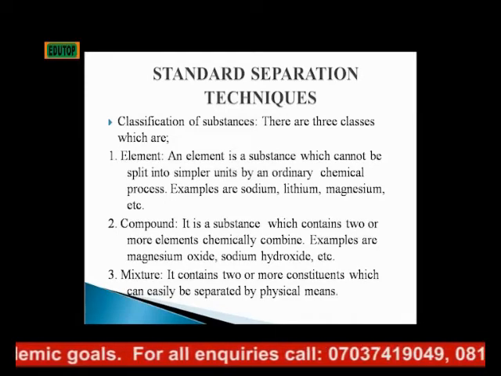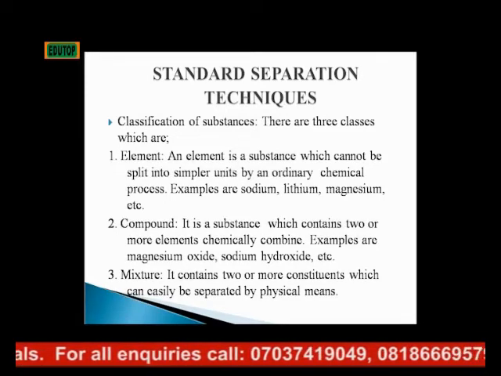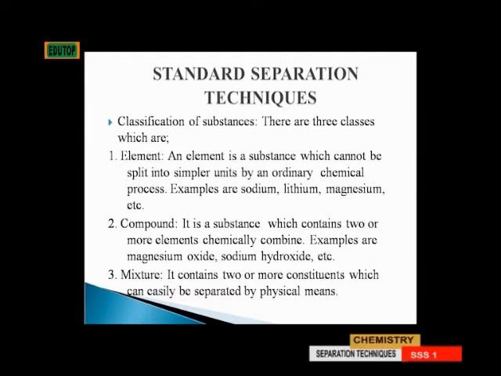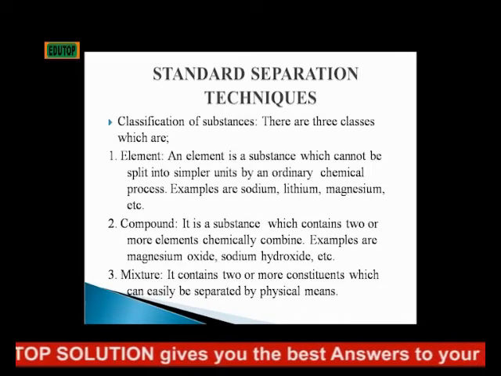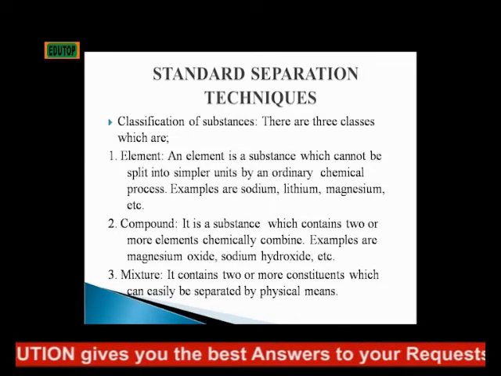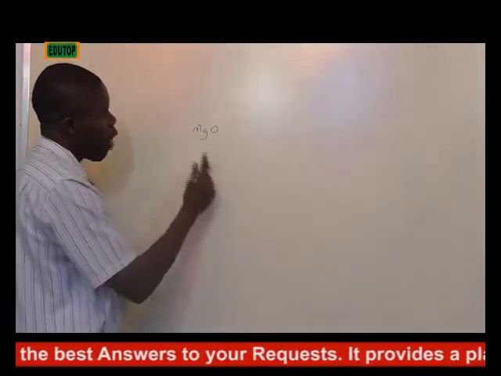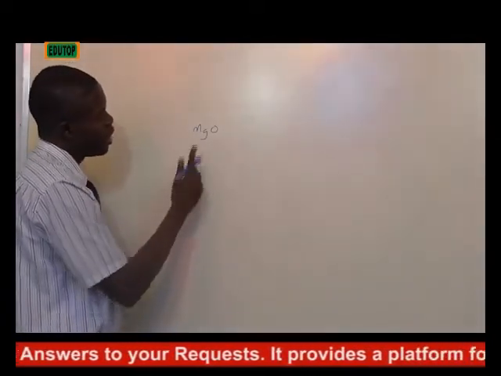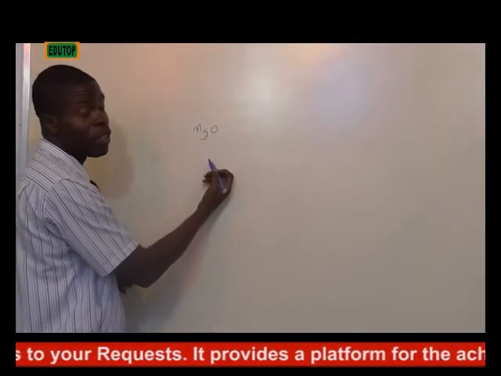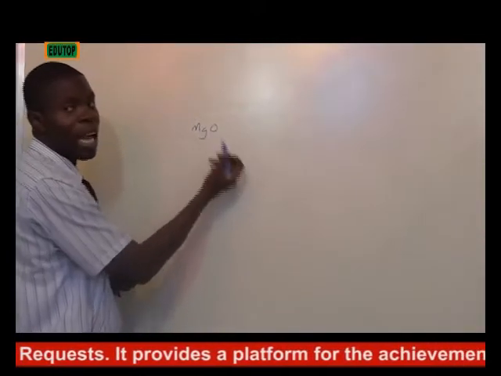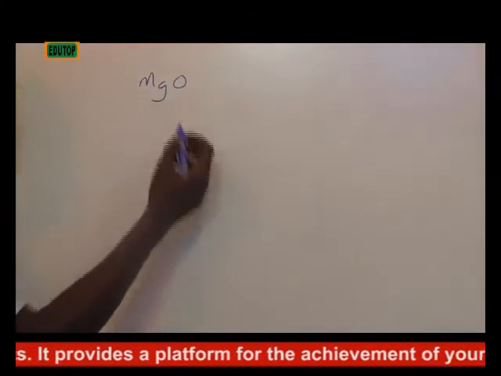What is a compound? A compound is a substance which contains two or more elements chemically combined. Examples are magnesium oxide. The formula is MgO. Why this is called a compound is because it has two elements which are chemically combined.